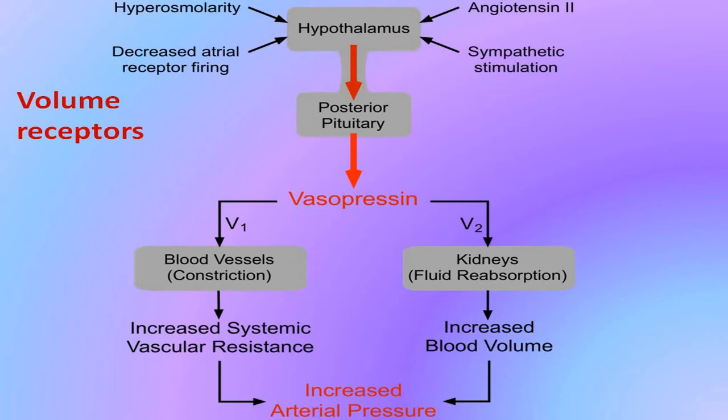Vasopressin or antidiuretic hormone also results in vasoconstriction, or constriction of the blood vessels, resulting in increased absorption of water from the kidneys. That results in retention of water, so it results in increased blood pressure or increased arterial pressure.